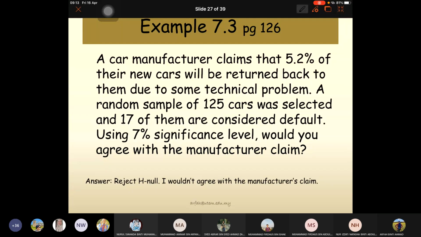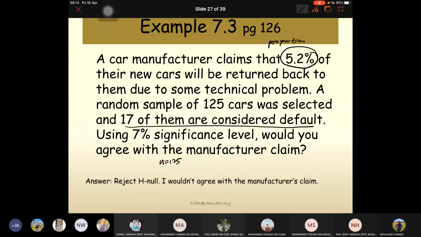So if you take a look at this one, dia ada percentage here. So kita tahu dia adalah proportion punya testing. Okay. Dan dia tak ada cakap perkataan average atau mean. So we are dealing with proportion. So from here, a random sample of 125 cars was selected. So you know given N sama dengan 125. Okay. And 17 of them are considered default.